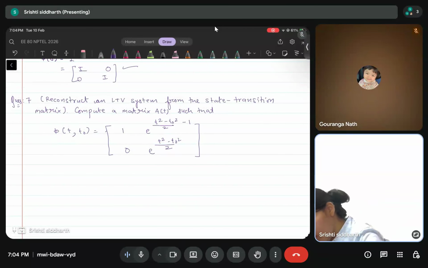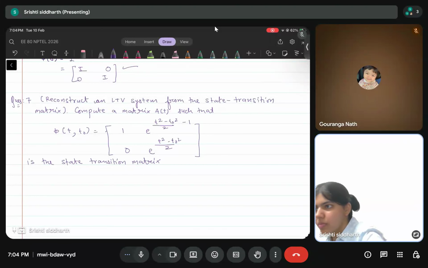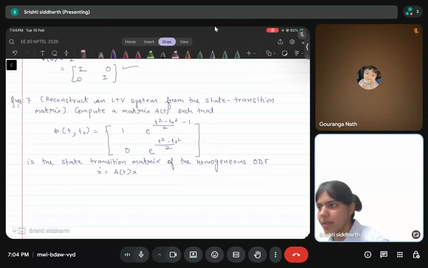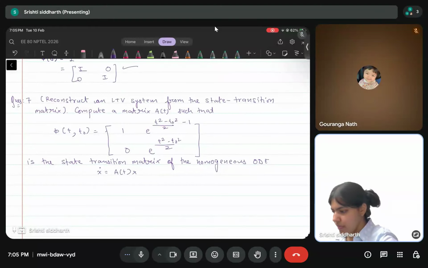So such that this is the state transition matrix for the homogeneous problem x dot equals A(t) times x. So all of these are functions of time. So this is x dot(t).